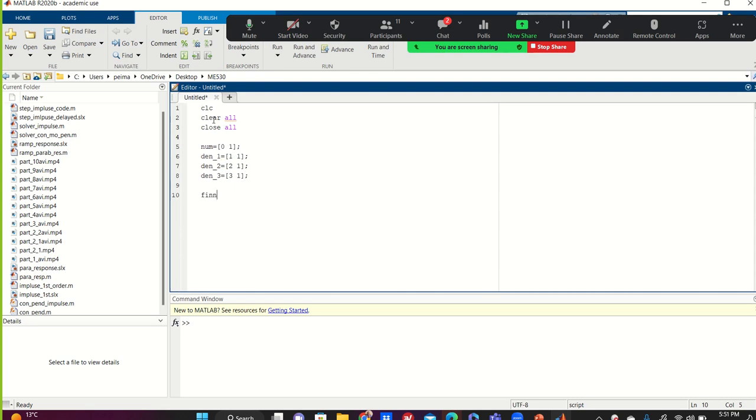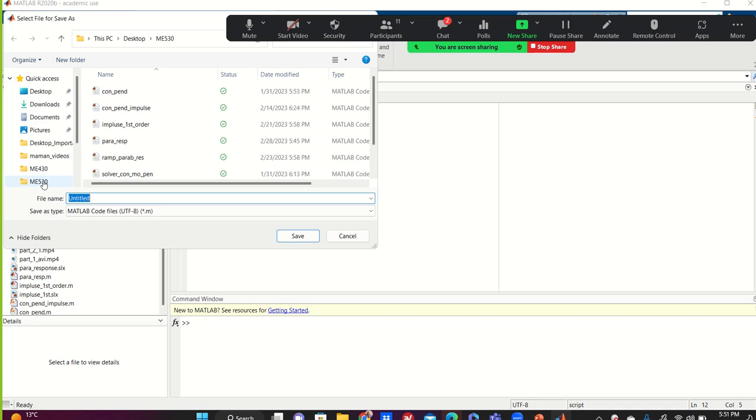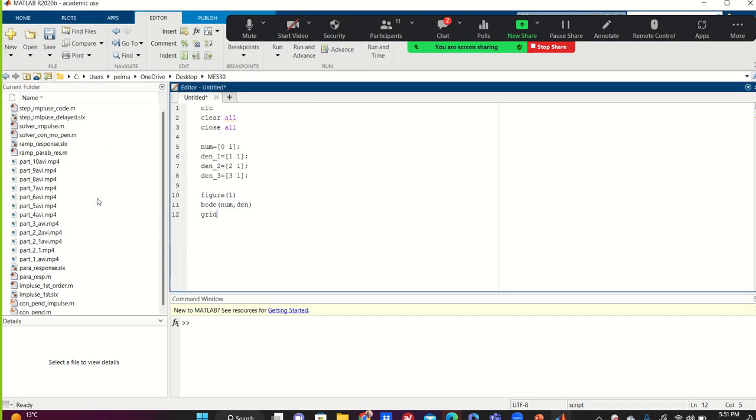So I'm going to say figure 1, Bode command with num and then den, and grid. Okay, first let me run this. Bode plot.